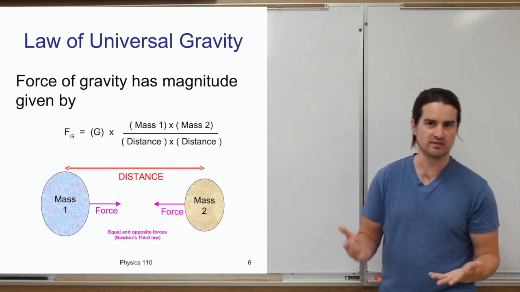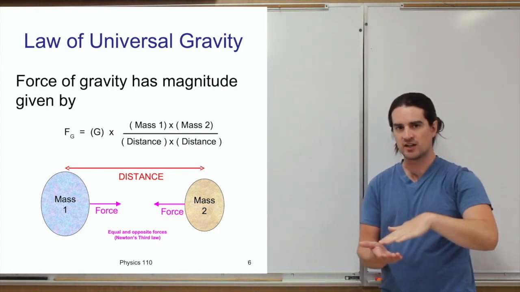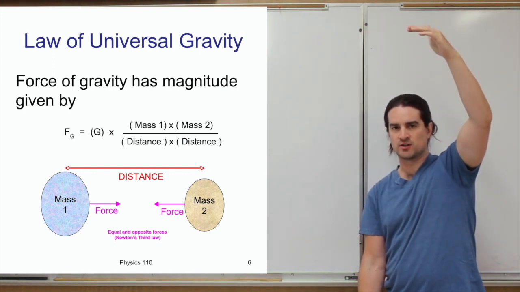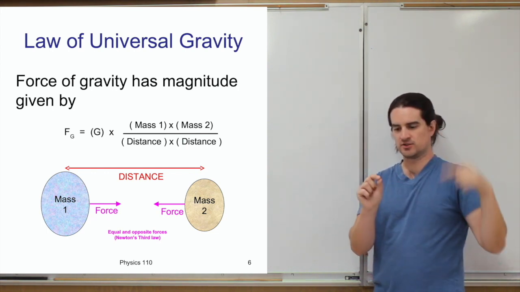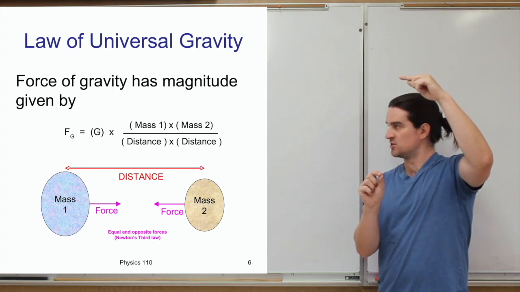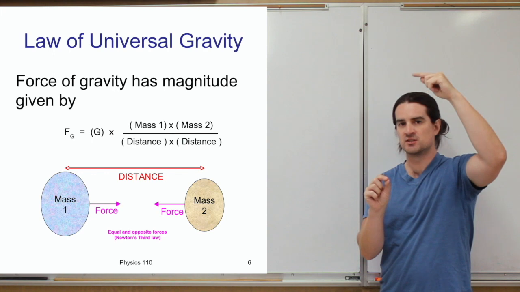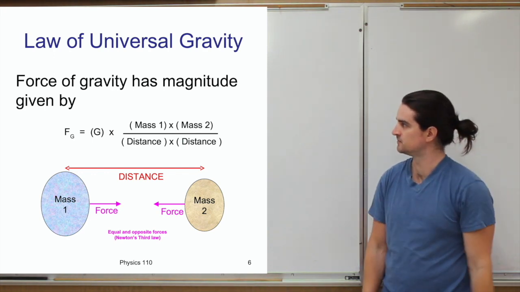So this is also why, like I said, if you go far enough away from the Earth's surface, then you're getting pretty significantly different than just the radius of the Earth. Like if the Earth's center is here, there's the Earth's surface around it. If I move far enough away, then the distance in this formula is significantly larger, and the force of gravity from an object out here is going to be significantly less.